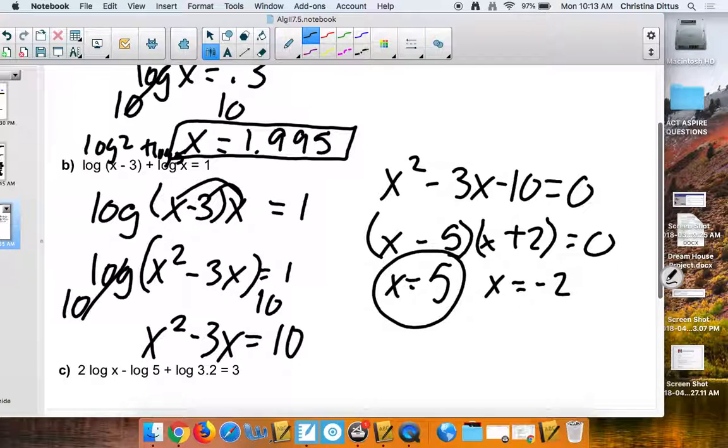So log of negative 5 plus log of negative 2. Probably because you can't take logs of negative numbers. So our only answer is that x equals 5.